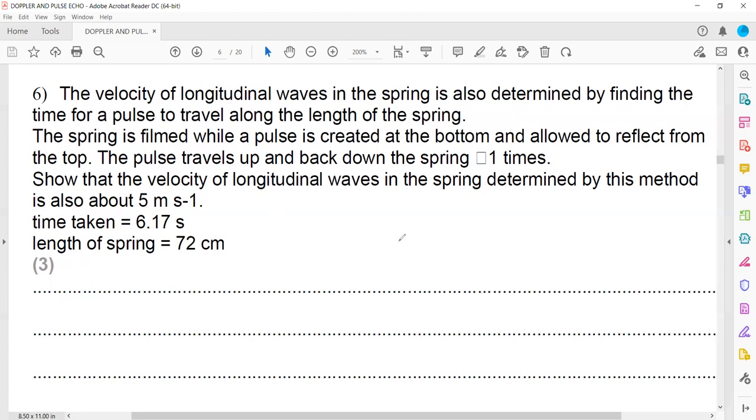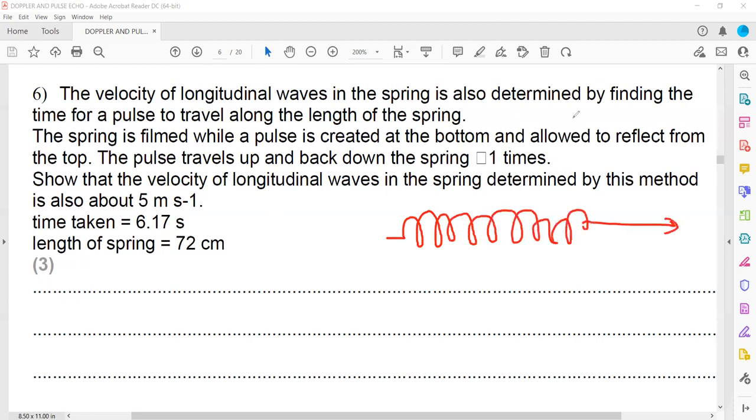So the spring has a length of 72 centimeters, or 0.72 meters. The pulse is sent, travels, and bounces back.